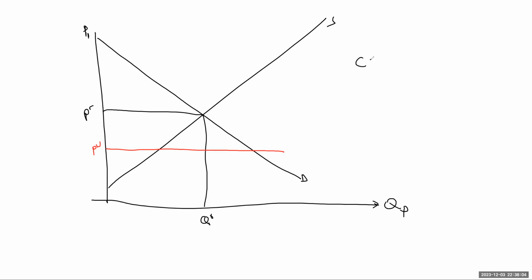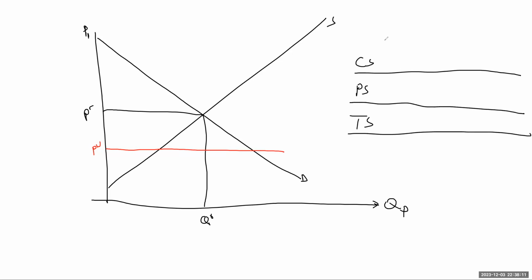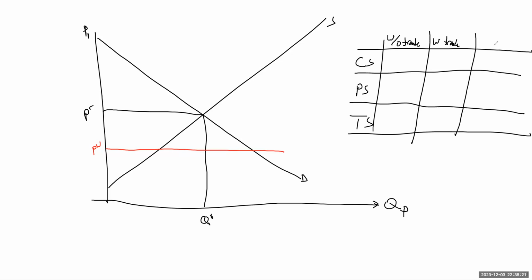And then we have consumer surplus, producer surplus, total surplus, without trade, with trade, and change. Okay. I'll put in some letters now. A, B, C, D, E.